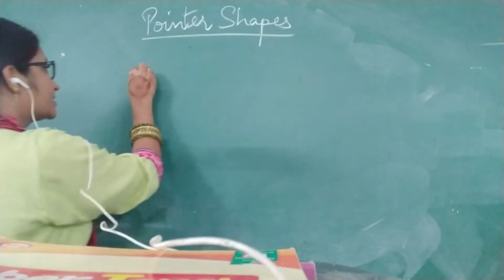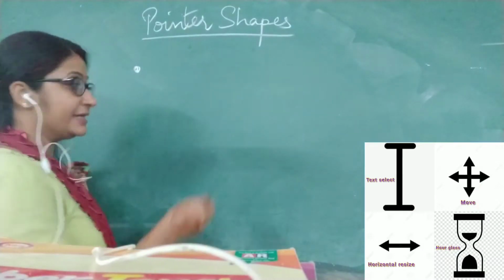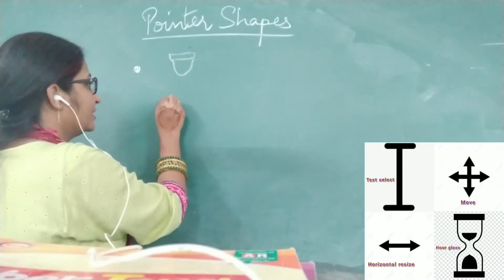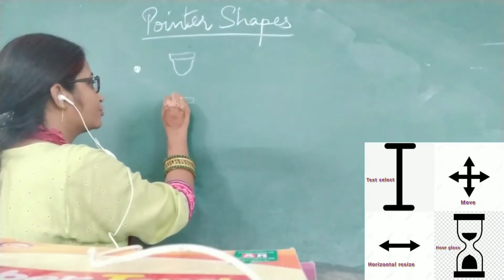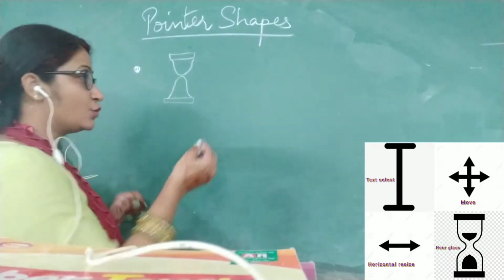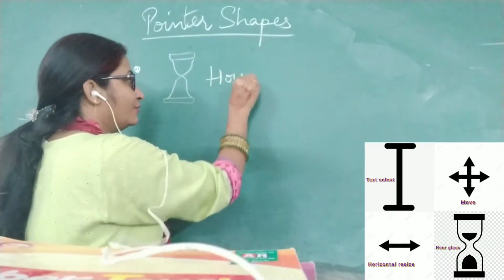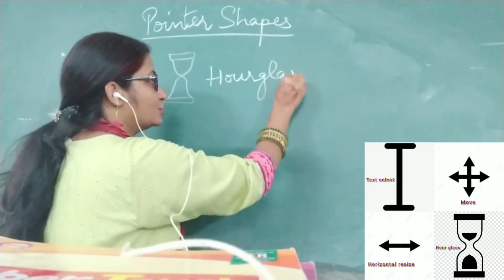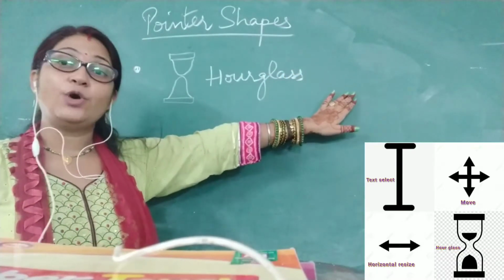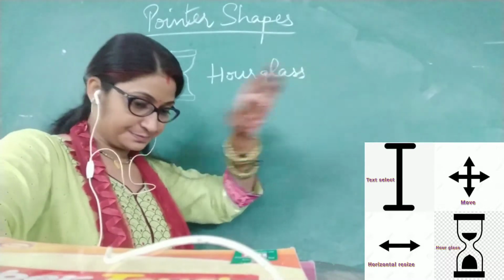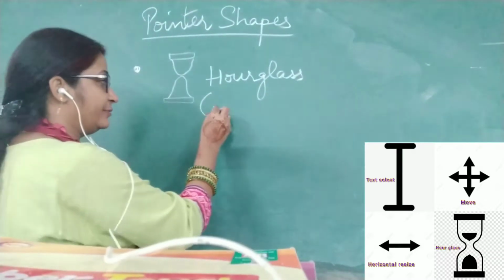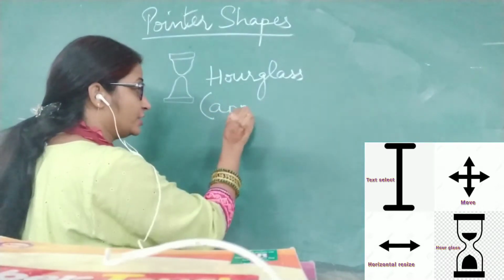So, pointer shapes. The first pointer shape is somewhat like a sand clock, or an hourglass. We call it the hourglass. You can also see it in the image. Now what is the use of this? I am writing here in brackets, application.